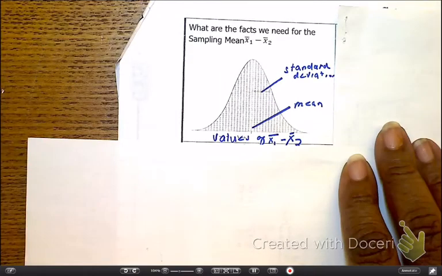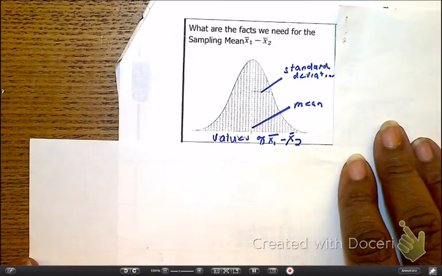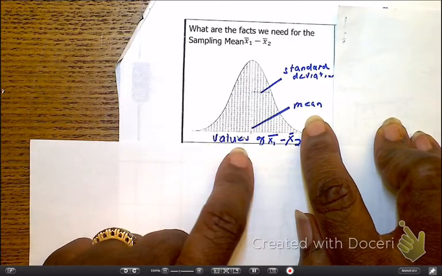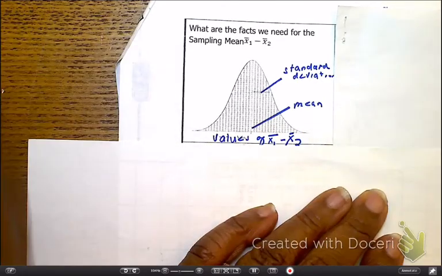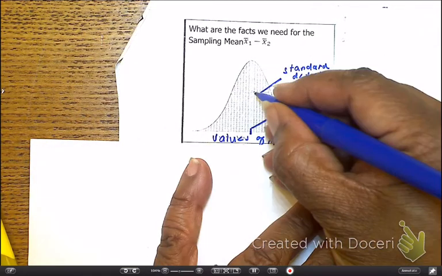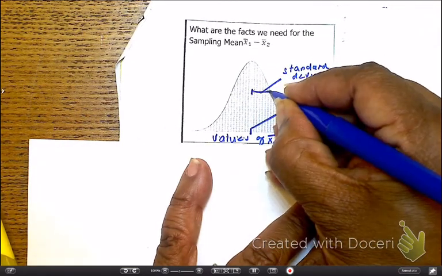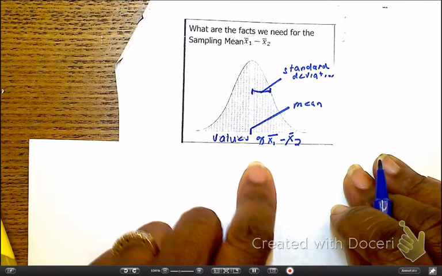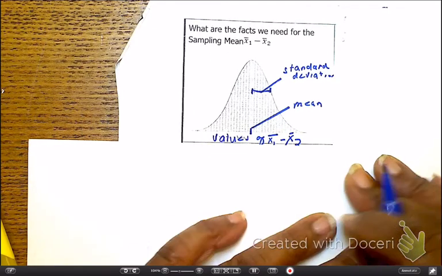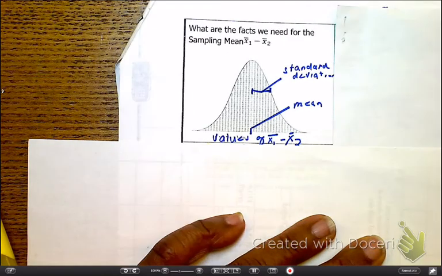As we continue, what are the facts we need to know? We need to know the mean, which is the middle line right there. We need to know the standard deviation, which is the distance from the mean to that point on the graph. And we need to know the values of the various distributions.